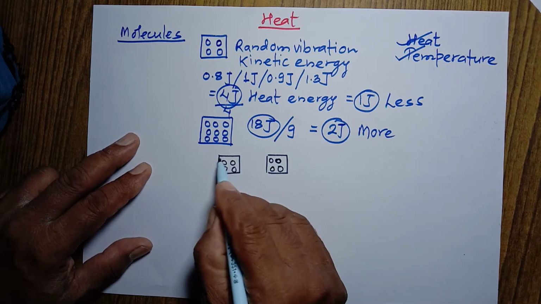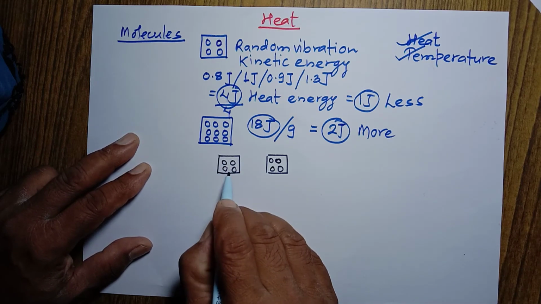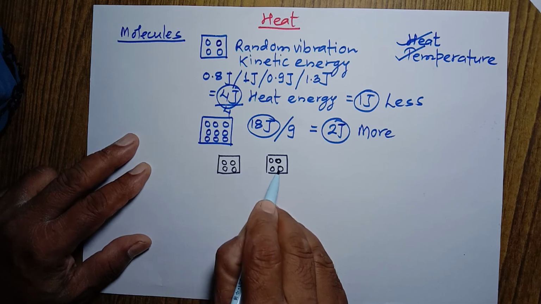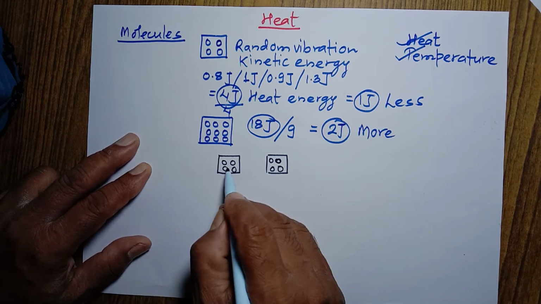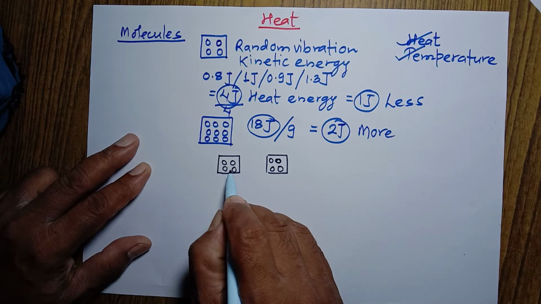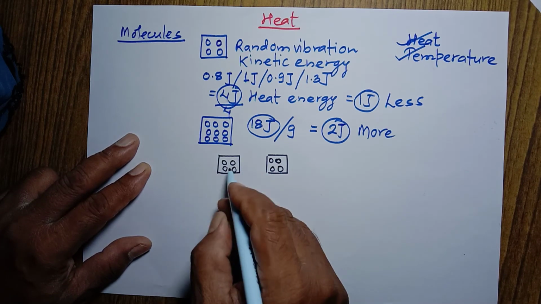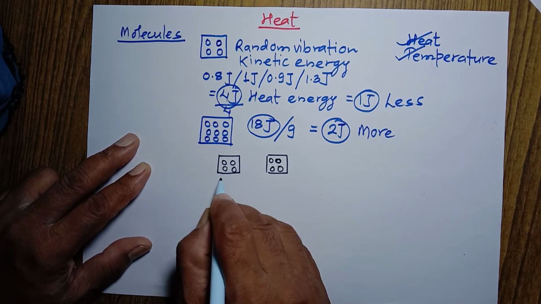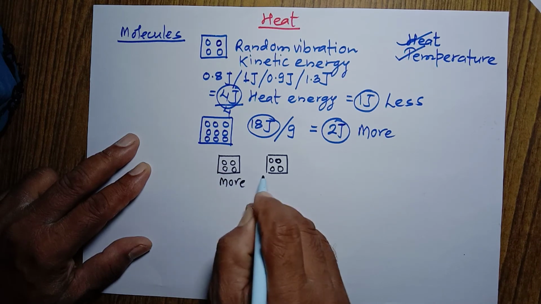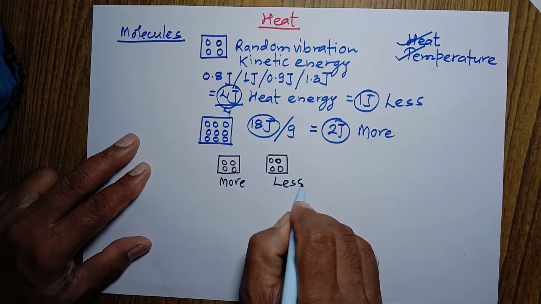How fast the molecules of this body are vibrating compared with this: if it is found that the molecules of this body are vibrating faster than this, then the temperature of this body will be more and the temperature of this body will be less.